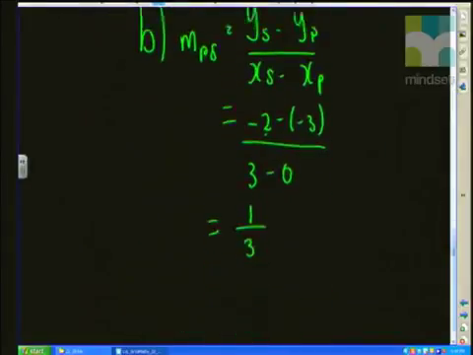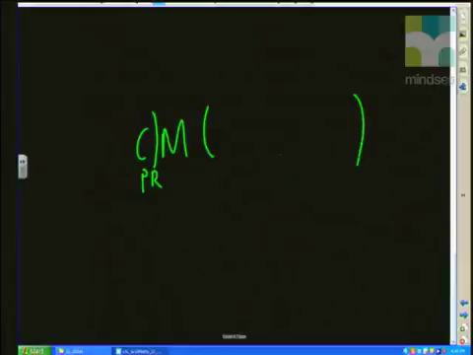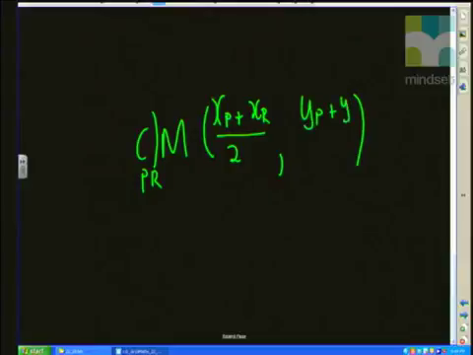Okay. So for the midpoint of PR, this is part C. Again, it's going to be the x coordinate at point P plus the x coordinate at point R. It's the sum of the two x coordinates divided by 2, and then the sum of the two y coordinates divided by 2 will give you your midpoint.